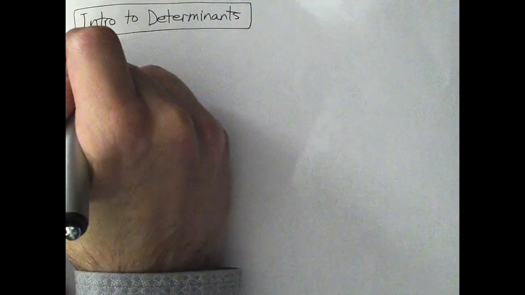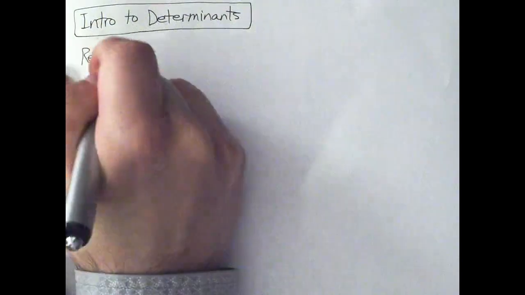So an intro to determinants, in particular, trying to focus on cases that are larger than 2 by 2, but I will do a quick review of what we've seen so far. We need to remember the 2 by 2 case because it might help us with the more general case.